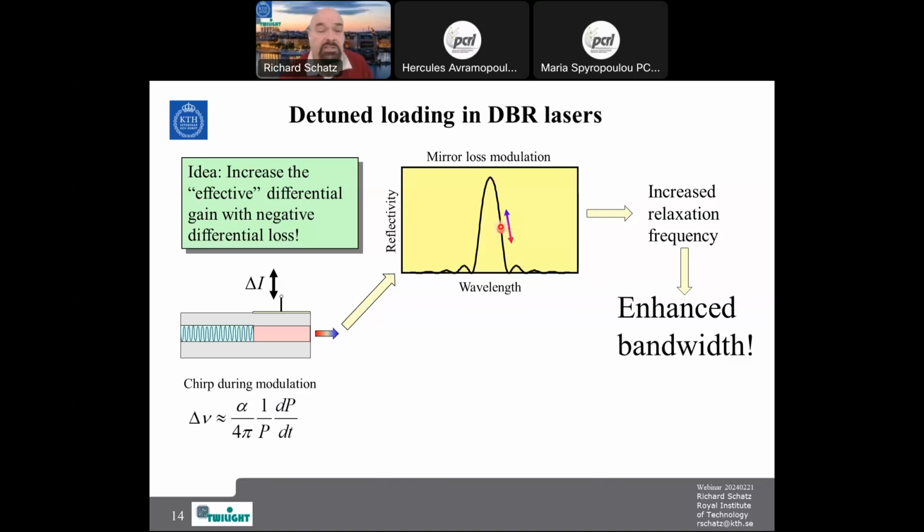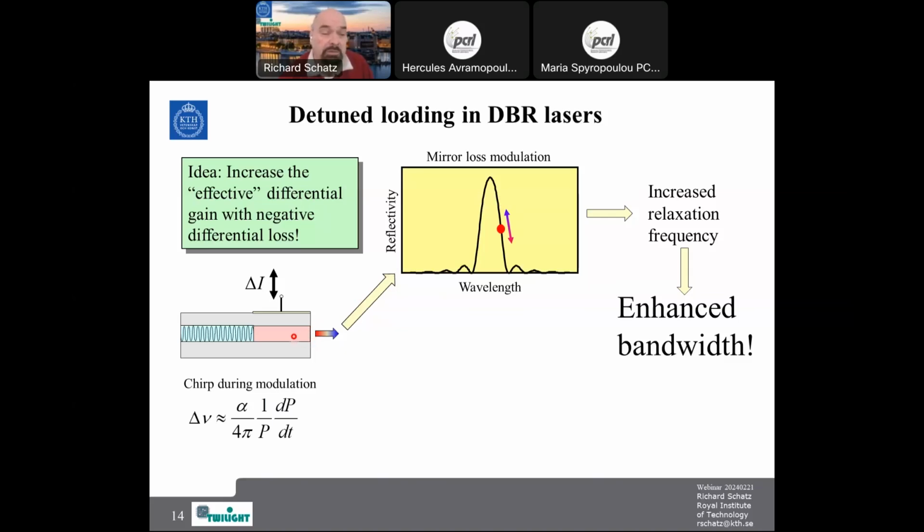And when it does so, when you increase the current here, suddenly, not only do you increase the gain in the active section, you also, when you increase the carrier density, the lasing mode here will shift towards shorter wavelengths. That means that mirror reflectivity will go up, the optical losses go down.